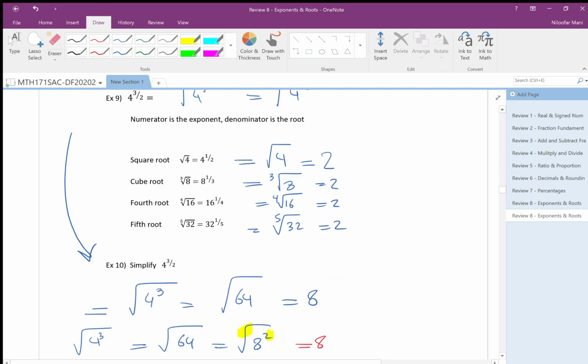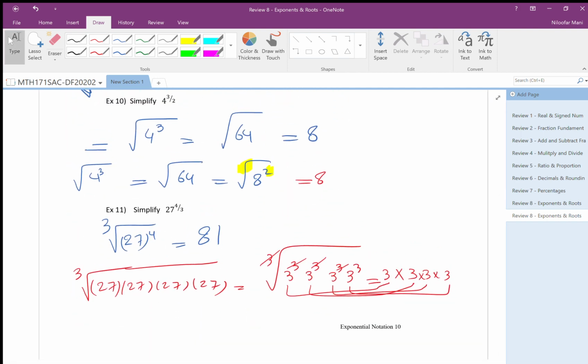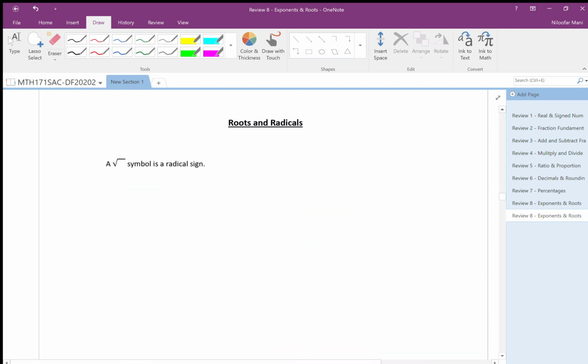So what do I want you to do? I want you to try to factor. If you have radical, try to factor to power 2. If you have root 3, try to factor to power 3. And then you can cancel those power and roots. And when you have the same power and the same root, that number comes out. Again, my calculator gives me the answer. I know, but I want you to learn what happened.